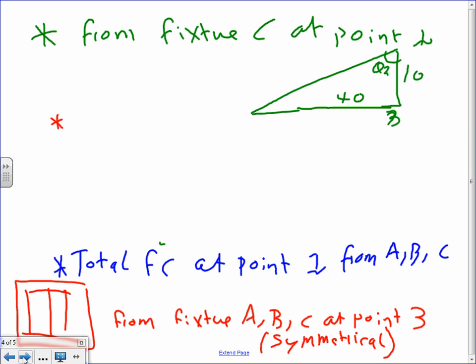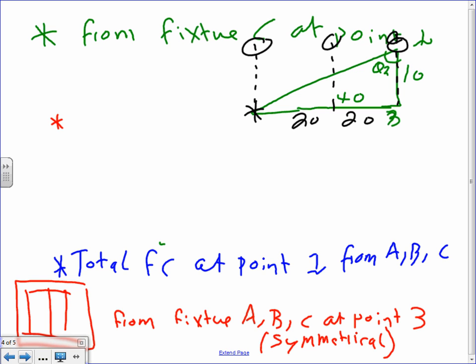Okay, here's the contribution from fixture C at point 1. Do you guys remember? I'm going to just draw. Here's one fixture, and there was another fixture here, and a third fixture here, right? So that was 20, and that was 20. When you add them up, they'll make it 40. That's the only difference, from point 1 to this point right here.